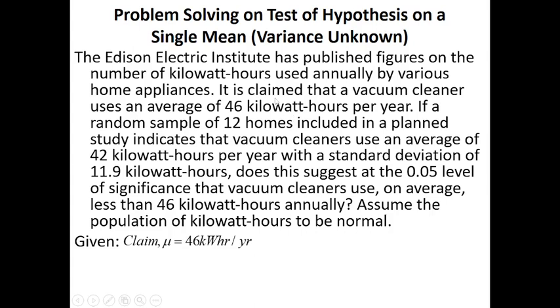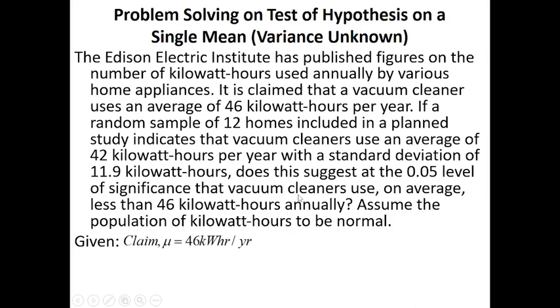How did we arrive at that? Because of the statement, it is claimed that the vacuum cleaner uses an average of 46 kilowatt hours per year. So this is believed to be true. Now let us test this claim, so that we can decide if we will reject it or not.